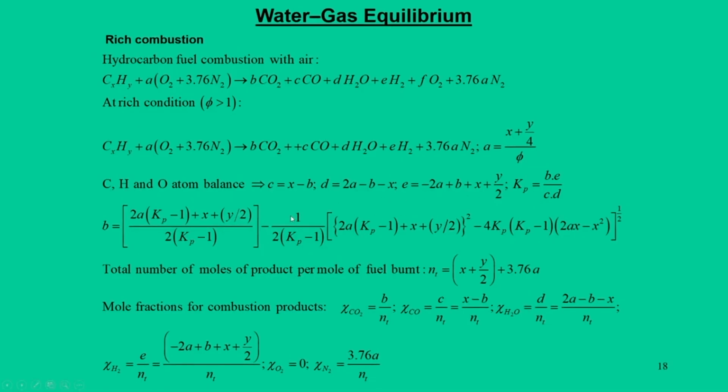By doing this, all those things can be solved simultaneously to find the products of combustion when the mixture is rich. Once you know all these numbers, it is easy to find the composition or mole fraction of all the combustion products. So, this is all about when the mixture is lean or rich.